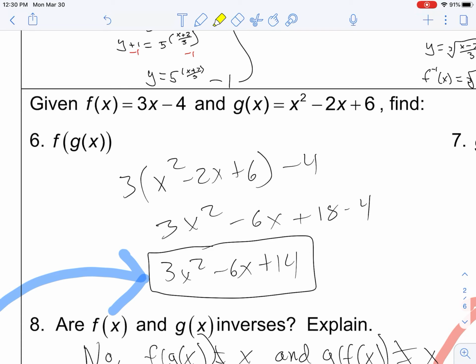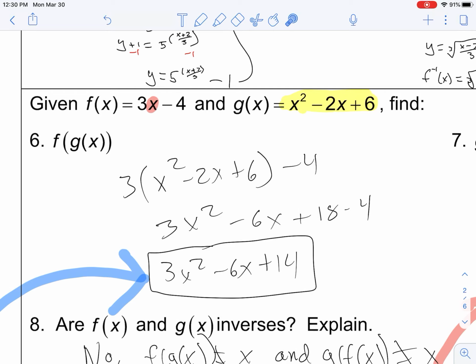So I'm taking my yellow function and I'm replacing it for x here. So I have 3 times whatever my g of x function was, in this case x squared minus 2x plus 6, and then I'm finishing this out minus 4. So I just replaced x with that function.